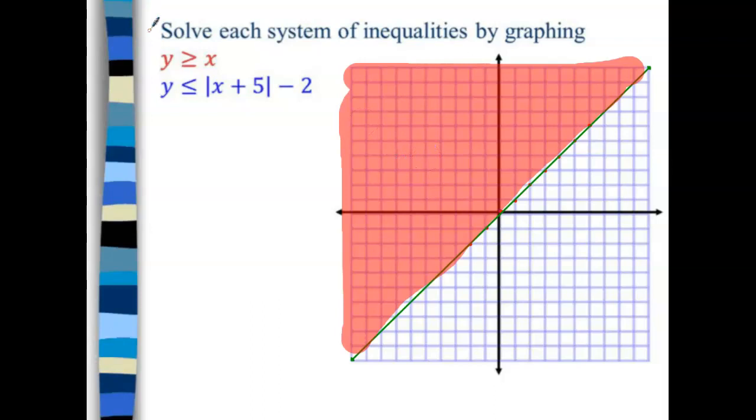And then next we have y less than or equal to the absolute value of x plus 5 minus 2. So it is going to be to the left 5 and down 2. It is open up.